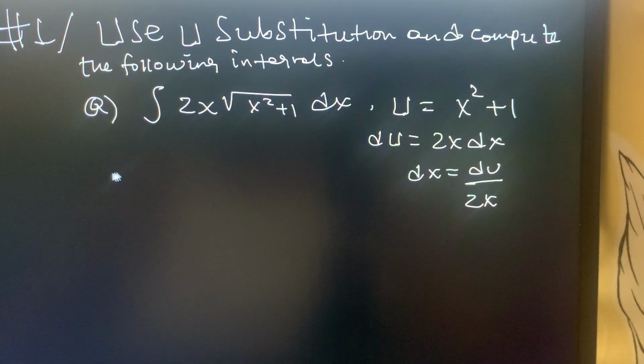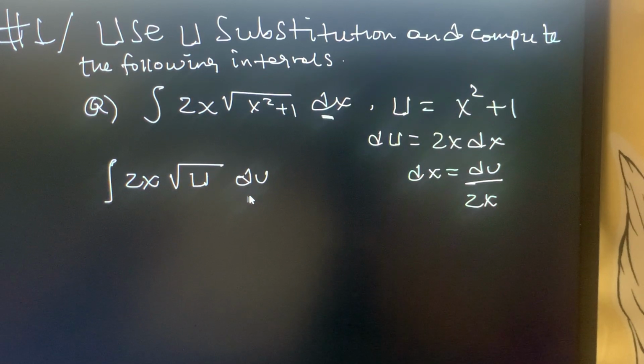Now I keep going, substituting all these values into the original integral. The integral of 2x, now the square root of u, because I already let the expression inside the square root be u, and the dx is going to be du over 2x.